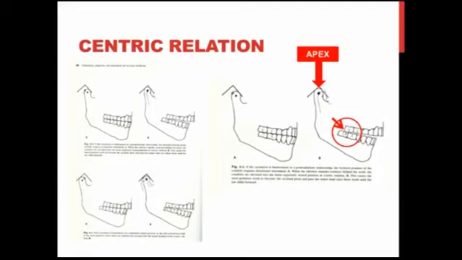Even though this is just diagrammatic, obviously it's made to represent the condylar fossa, the bone against which the condyle will move and brace, with a disc in between over here. But notice what happens.